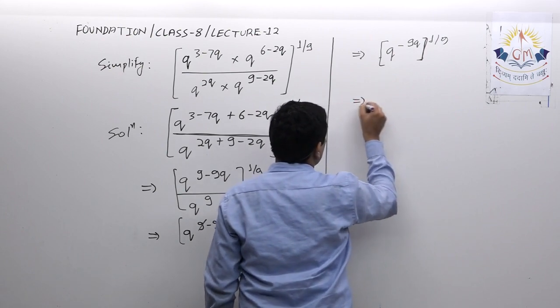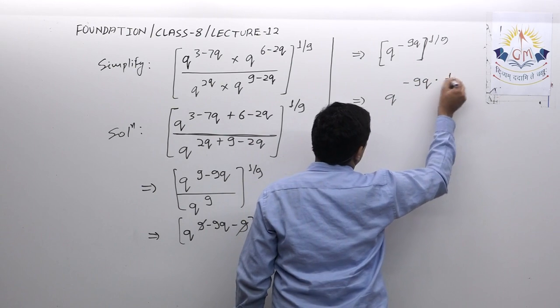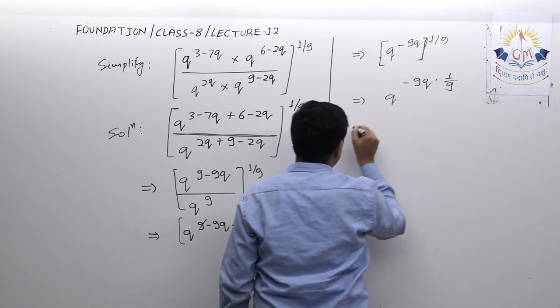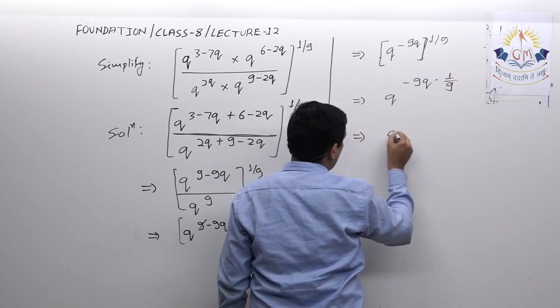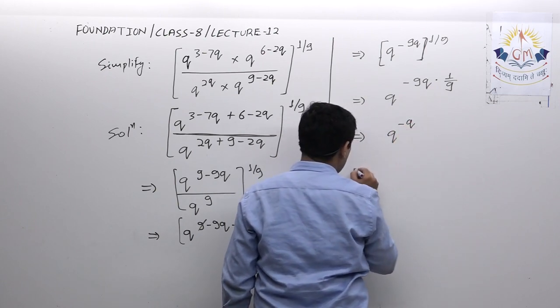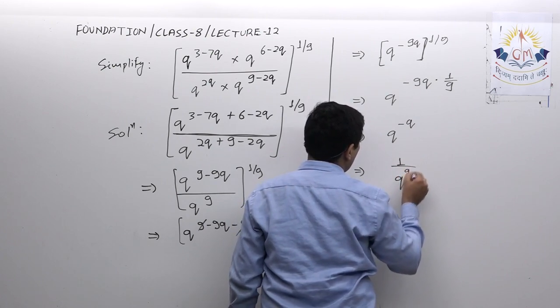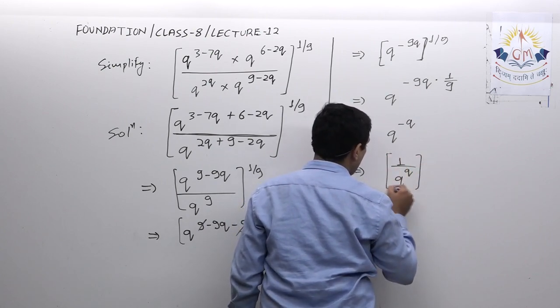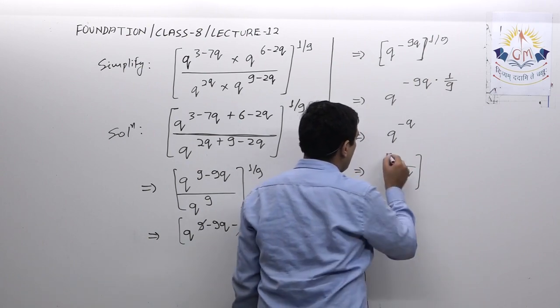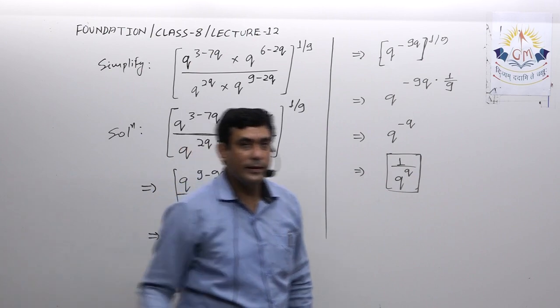Okay, so now this will become q raised to minus 9q into 1 upon 9 by applying the power law. So I will get q raised to minus q. So I can say this is my final answer, or 1 upon q raised to q is my final answer. Please note it down, then we'll see the next question.